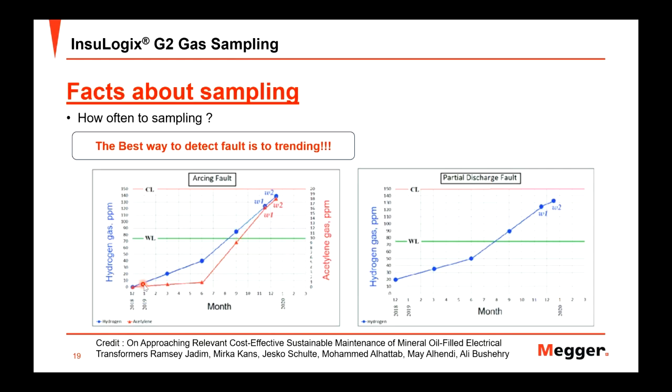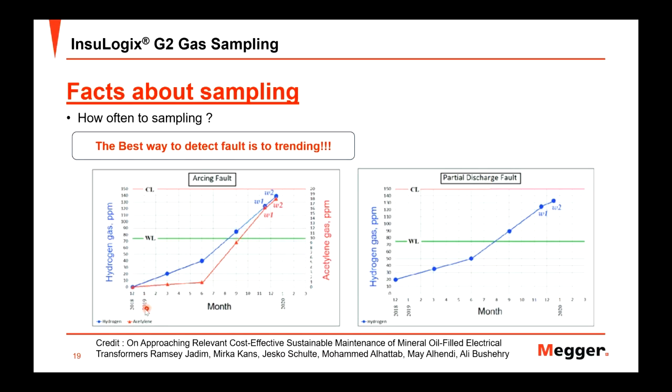In 1 year, if you sample here, you will not find anything. You may find acetylene, but you want to sample every 6 months according to the recommendation. Of course, you still find it, but it is not increasing at a high rate, right?